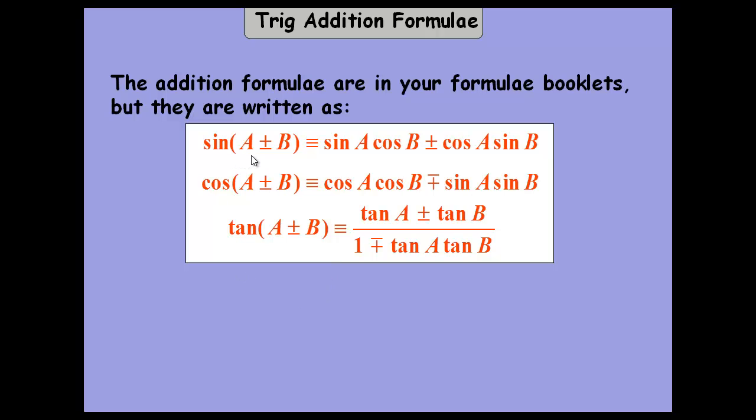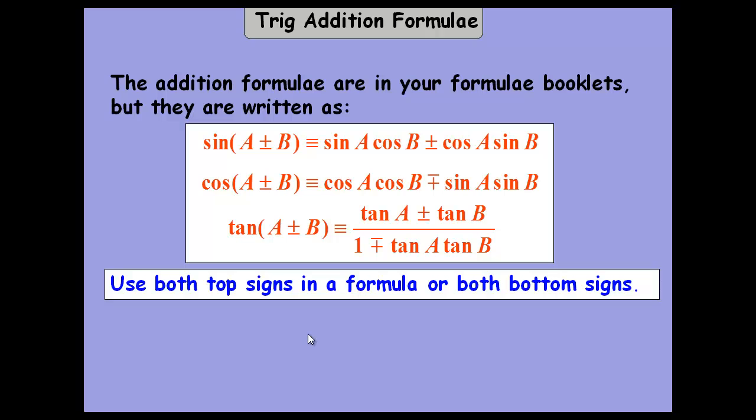And here you've got sine A plus B, if you follow the bit at the top, equals sine A cos B plus cos A sine B. If you want sine A minus B, you follow the bottom and you get sine A cos B minus cos A sine B. You can also see in a similar way the formulae here for cos A plus B and cos A minus B, and tan A plus B and tan A minus B.